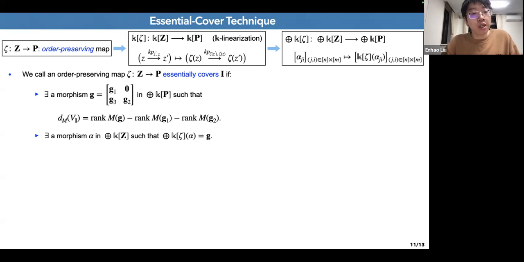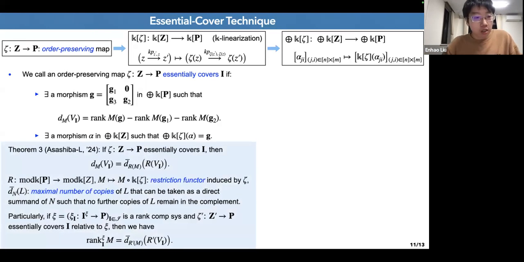First condition, as you already saw in the restatement, is that there exists such G satisfying this formula. So this condition is always satisfied by the previous restatement. The most important condition is the second one. If you can find another morphism in formative how of Z, such that this induced functor sends this matrix to G, then we call such order preserving map the essential cover.